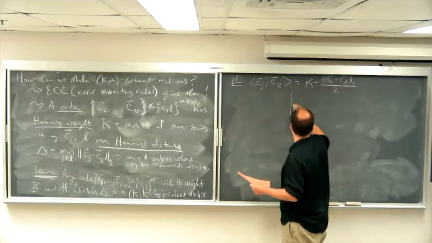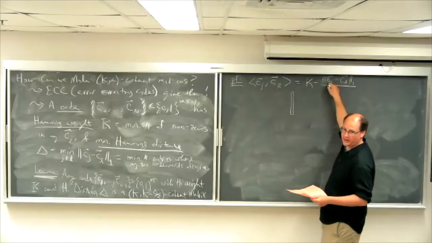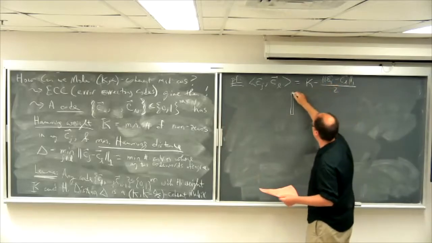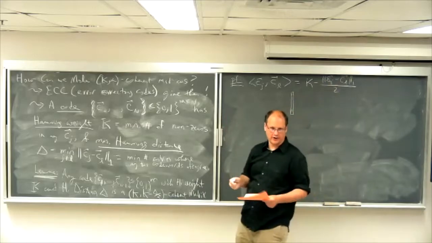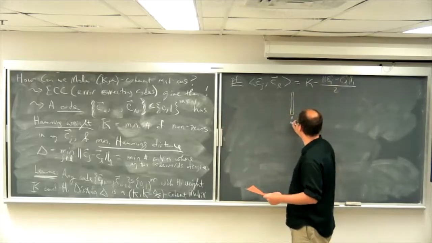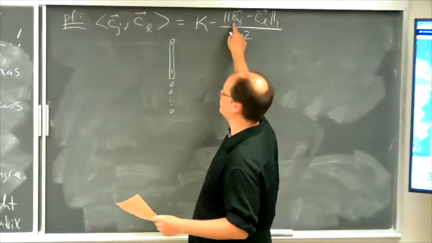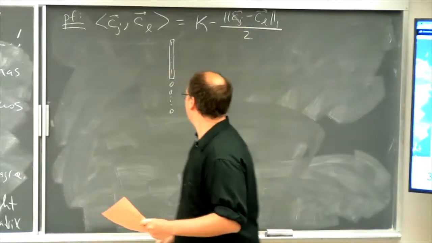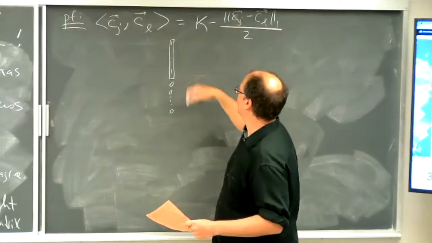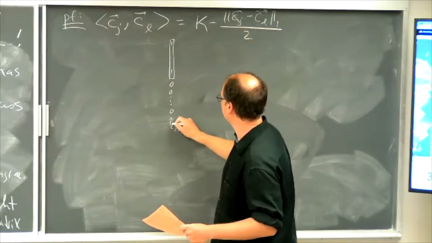Let's start by representing this first vector as, let's suppose without loss of generality, that all of its ones are in the beginning and then we have a bunch of zeros afterwards. So I'll just put all of the ones of this first one in the first few spots. Doesn't really matter. So the point is that this is my c_j.